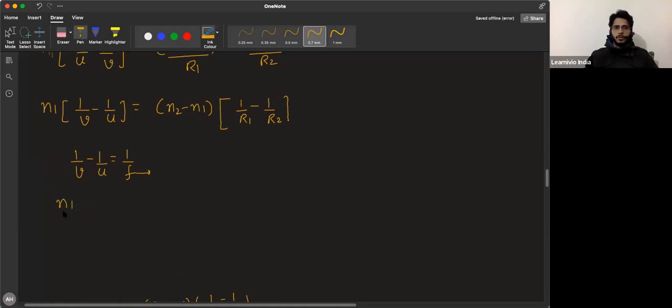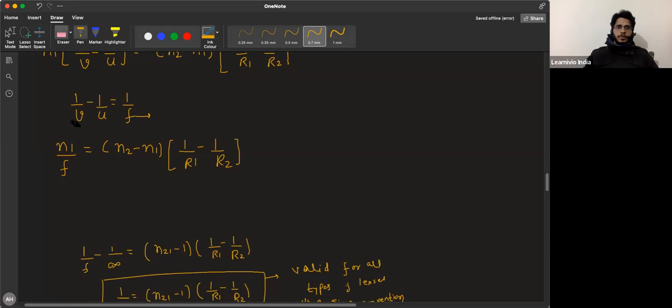You will get N1 by F is equal to N2 minus N1, 1 by R1 minus 1 by R2. I need F. So we can keep this F here and divide this equation by N1.